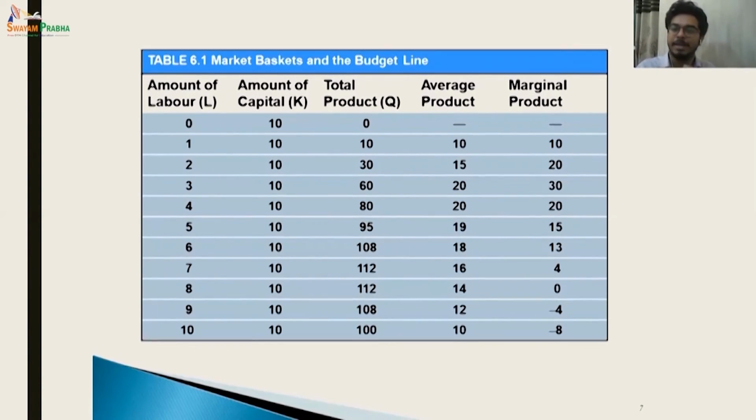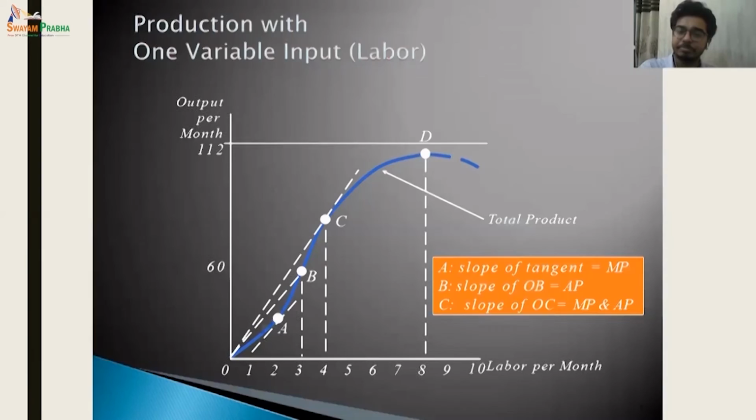People have started playing cards, there are politics, fights, and the focus is shifted, which is reflected in the total product, and it is not increasing further. So, in English, we say that too many cooks spoil the food. If you are adding too many cooks in a kitchen, the food won't taste that good after a certain while. So that is what is reflected.